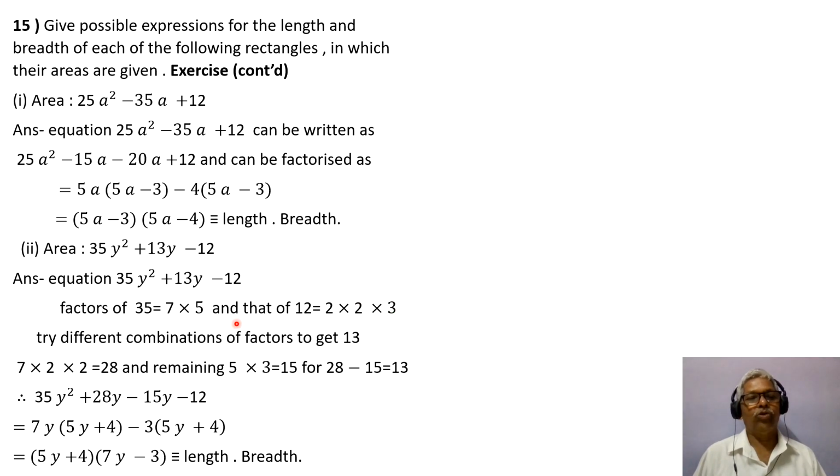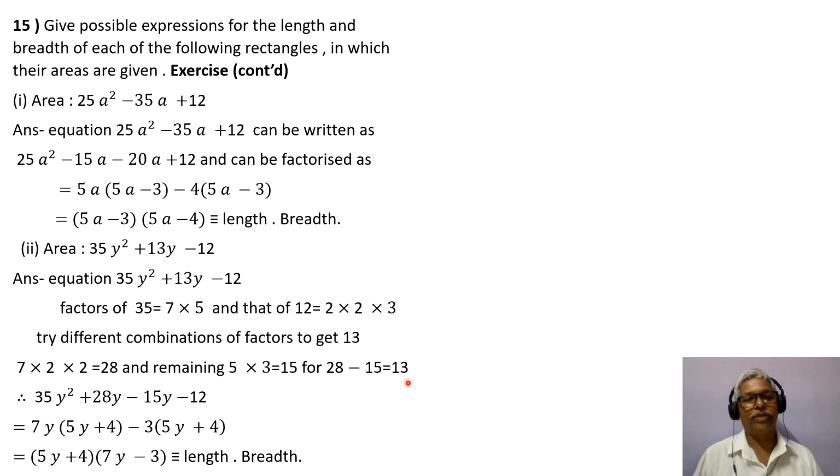You need to take these factors and try different combinations to get 13. So 7 into 2 into 2 is 28, and remaining are 5 and 3, so 5 into 3 is 15. So 28 minus 15 is 13.